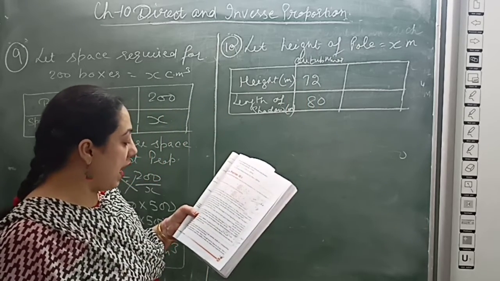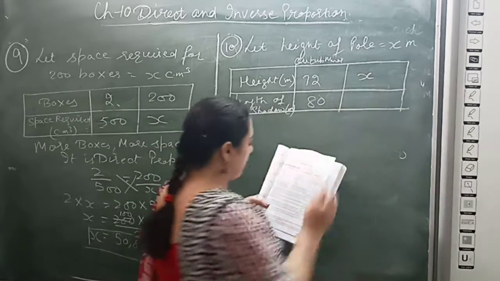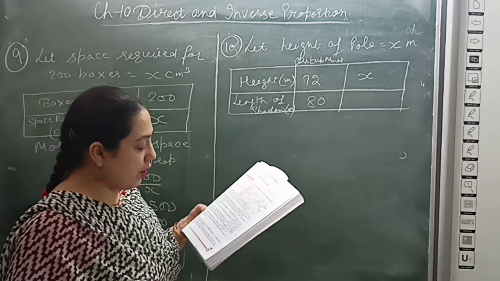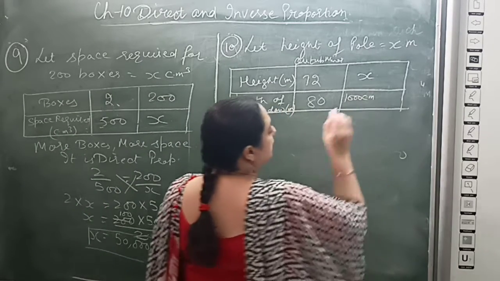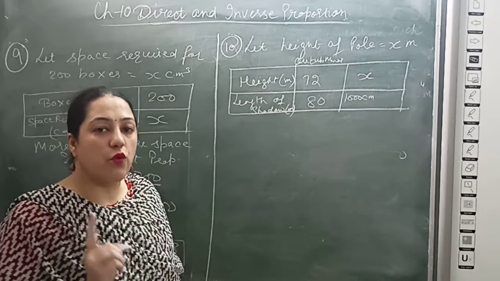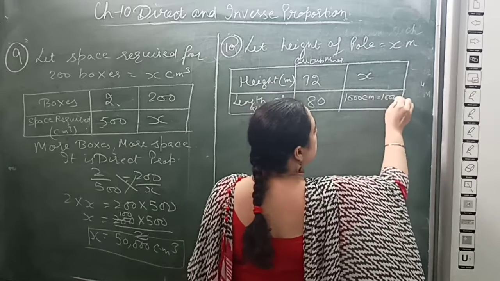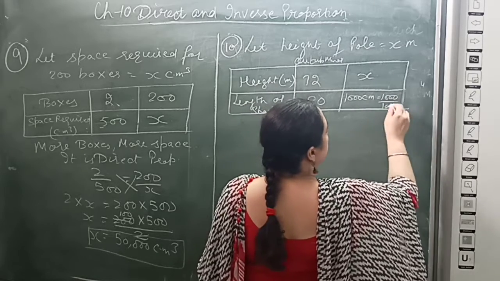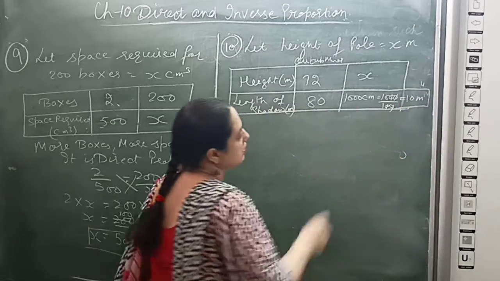Now you have to find the height of the electric pole. Height, let it be taken x, and its shadow at the same time is given to you 1000 centimeter. But you have to convert it into meter. 1 centimeter is equal to 1 over 100 meter. So I divide 1000 by 100. It becomes 10 meter. Okay?